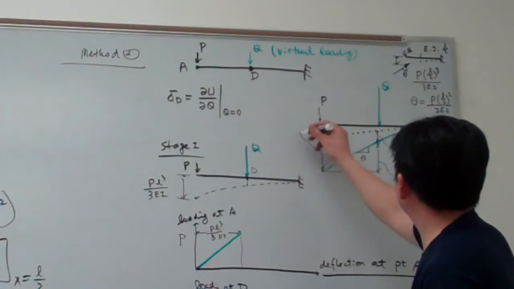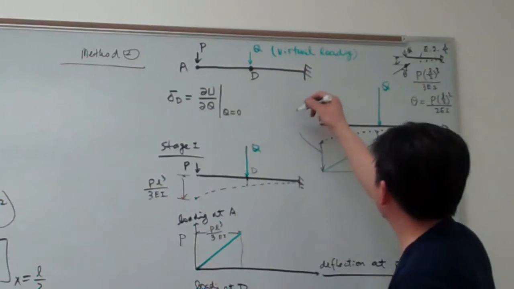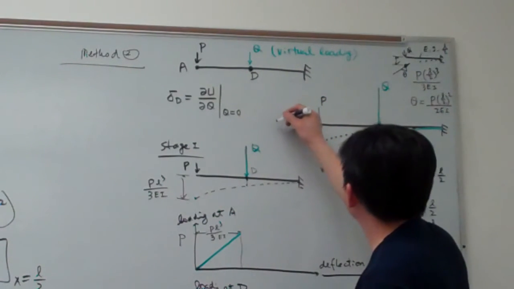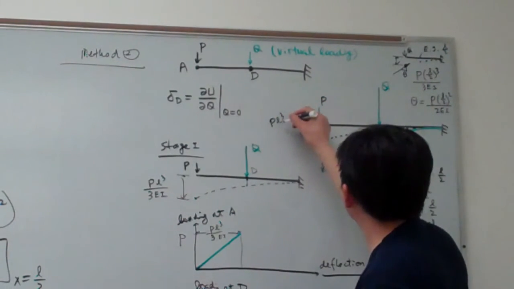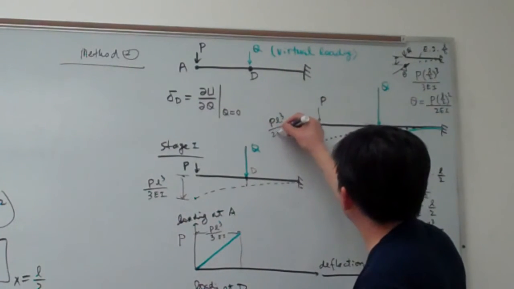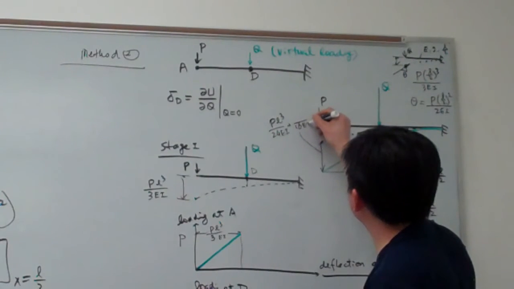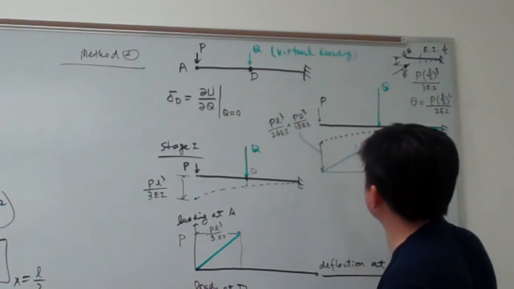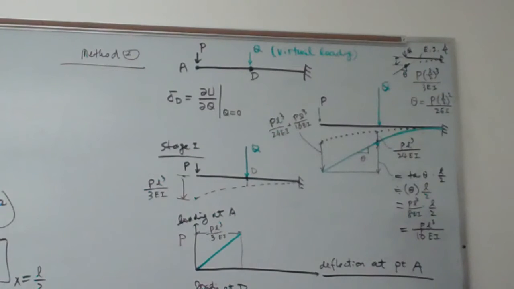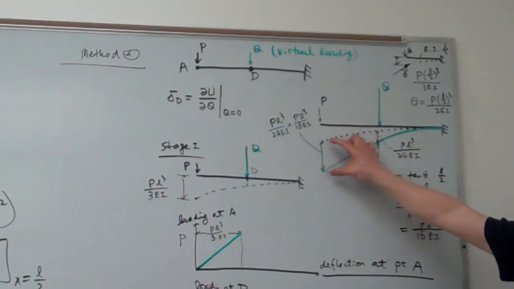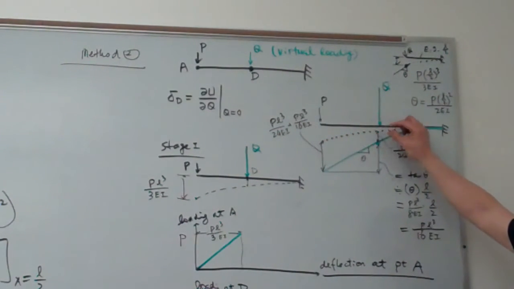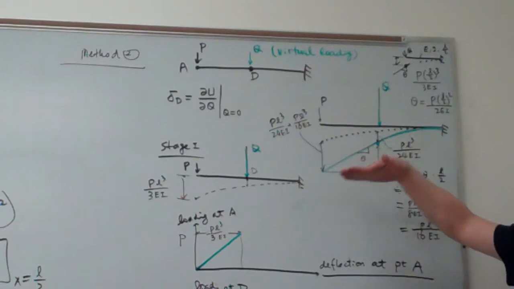This portion will be this plus this one, PL cubed over 24 EI plus PL cubed over 16 EI. Because you can see the deflection of this portion is influenced by the deflection at this middle point, and also influenced by the theta B angle pointing down.